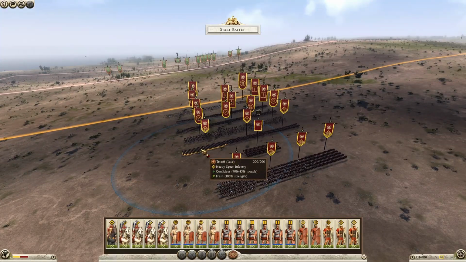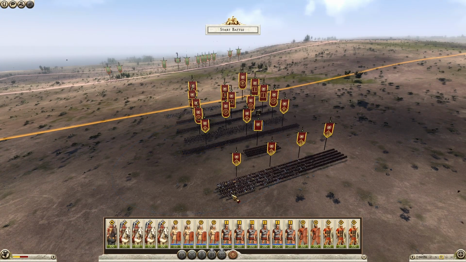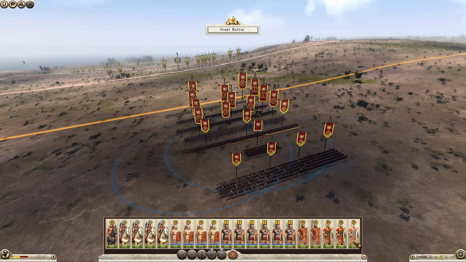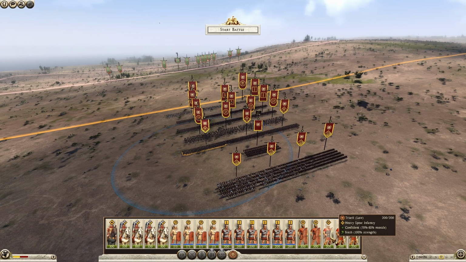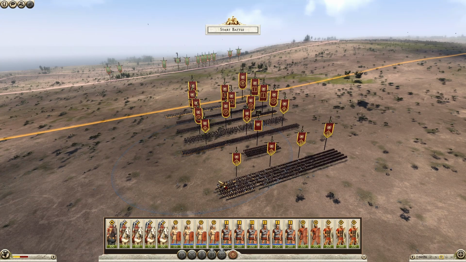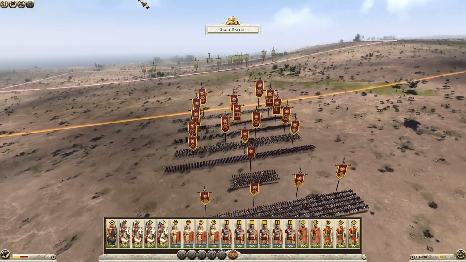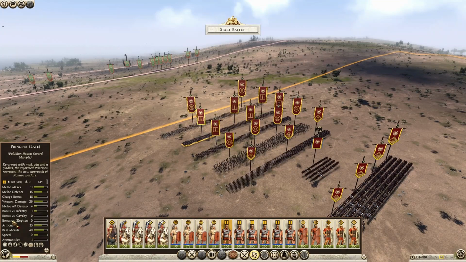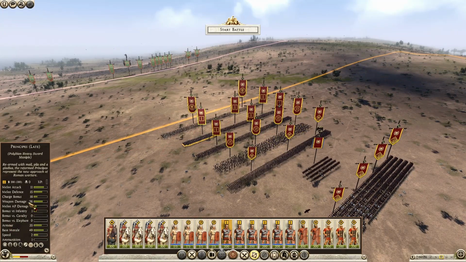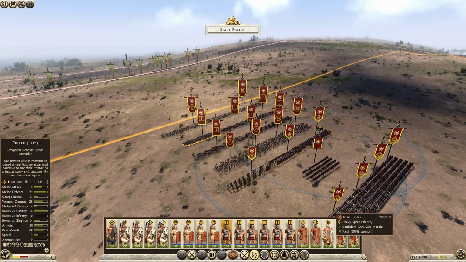Cavalry is very important for the Roman army, because the Roman units are very durable, they are very good defensively. But on the other hand, all of our units are pretty bad when it comes to attack. We have very good armor, very good melee defense on all of our units.